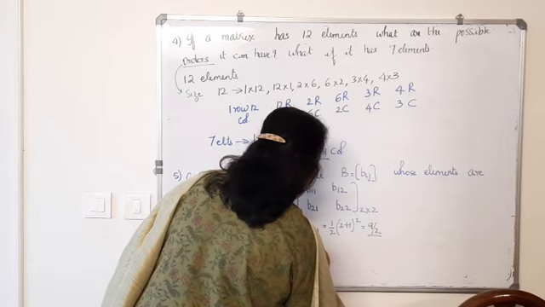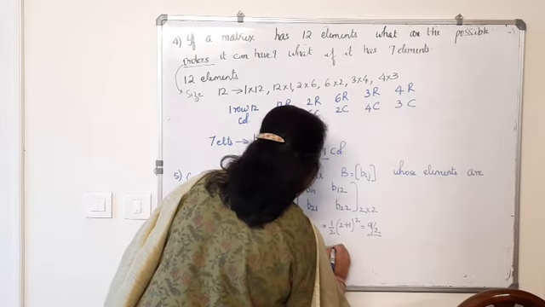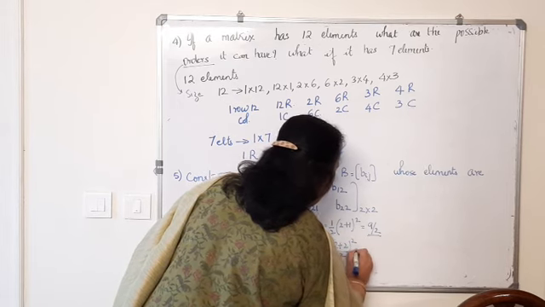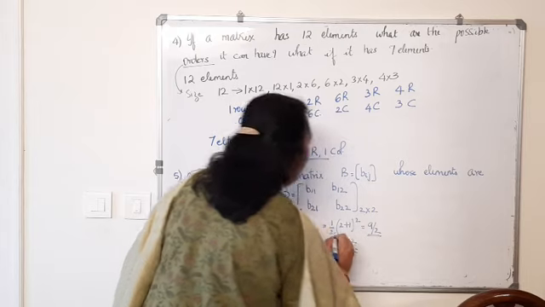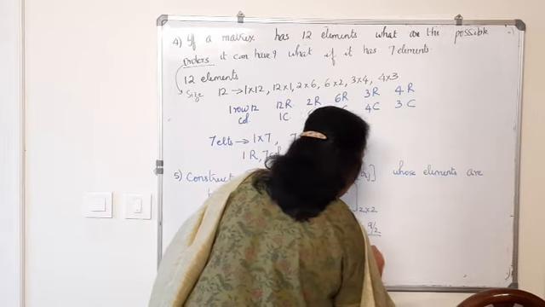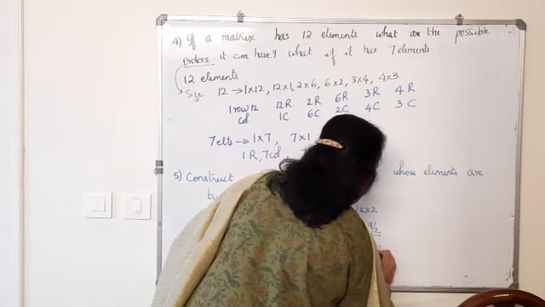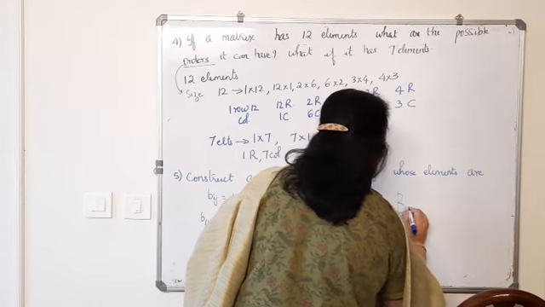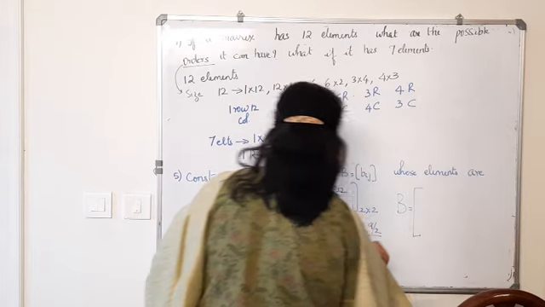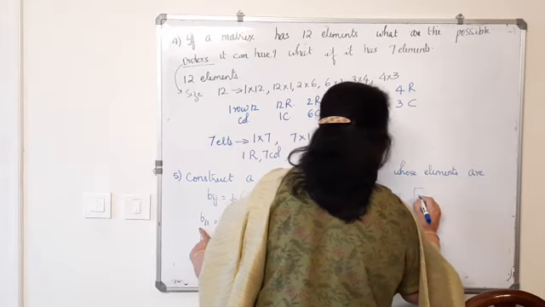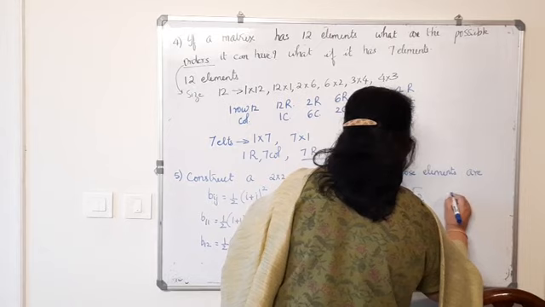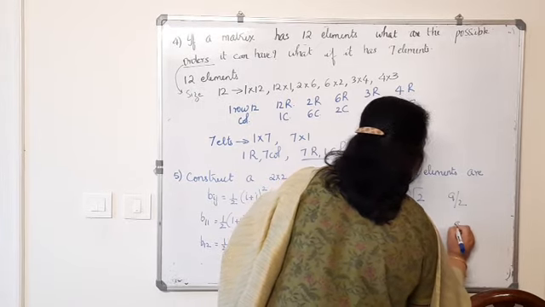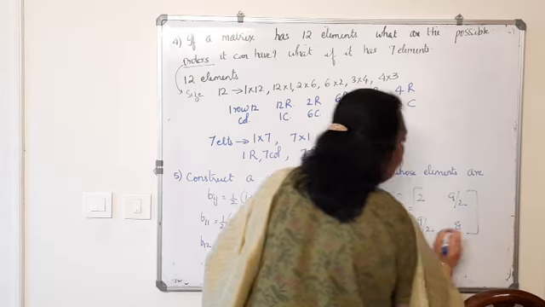And B22 is equal to (2 plus 2) the whole squared by 2. 2 plus 2 is 4, 4 squared is 16, by 2 which is equal to 8. So matrix B is equal to 2, 9 by 2, 9 by 2 and 8.